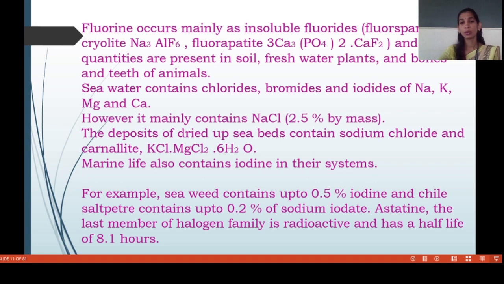Marine life also contains iodine in their systems. There are different examples given below. For example, in seaweed up to 0.5% iodine is present in the form of sodium iodate.